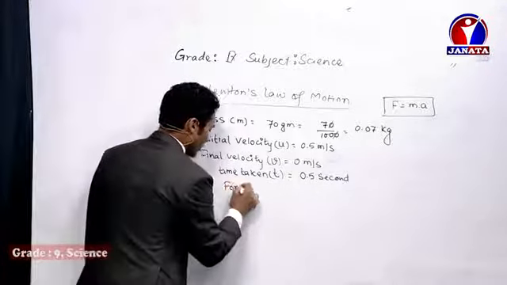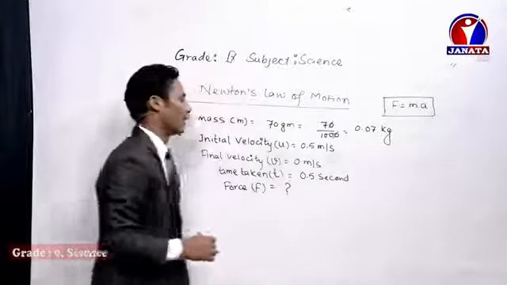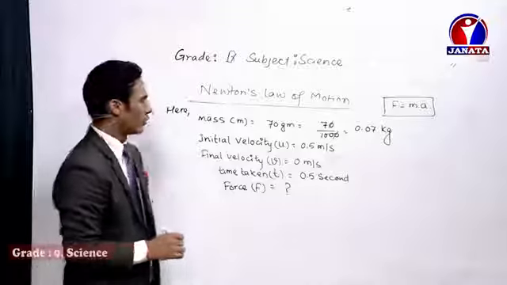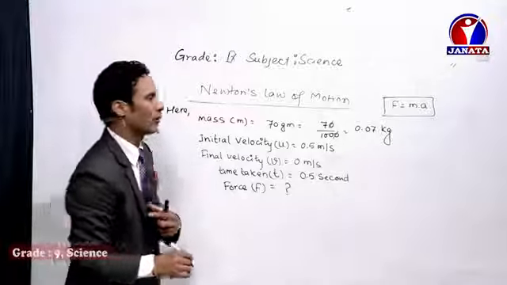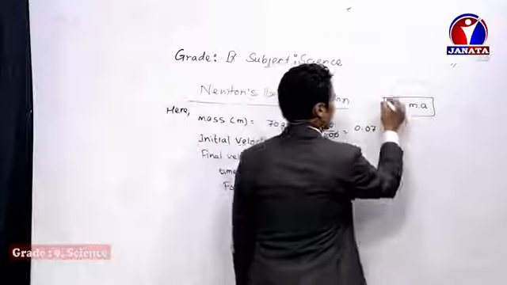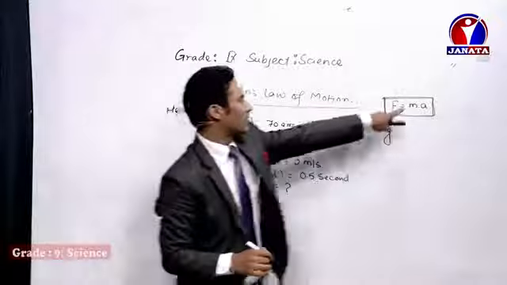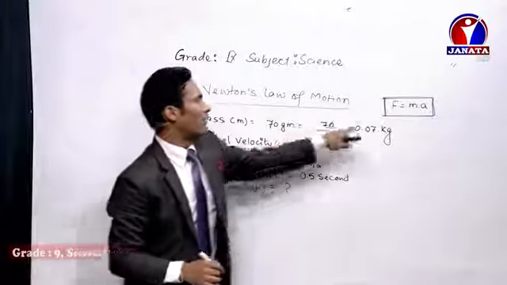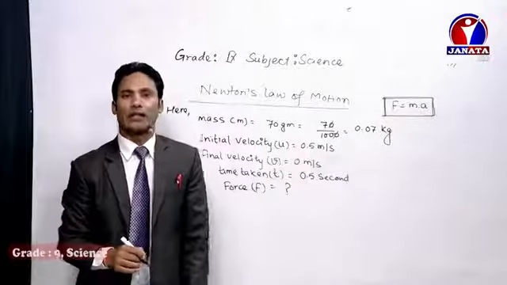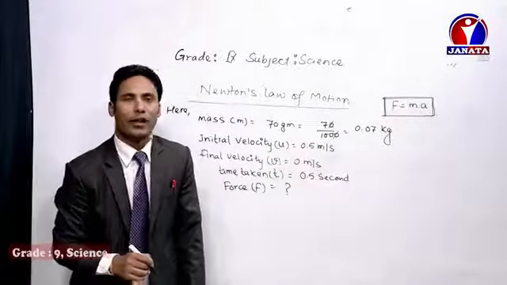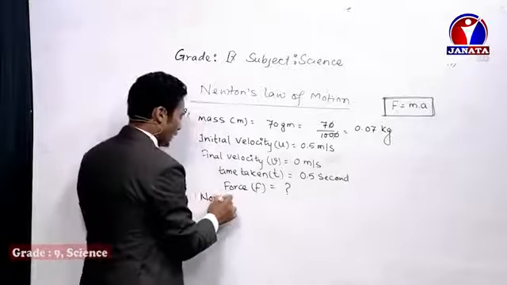So force F equals to what? We have to calculate the force, and the formula of force we have derived previously, F equals to m into a, right? Mass is already here and acceleration is not there. So with the help of these parameters, we need to calculate the acceleration of the object.